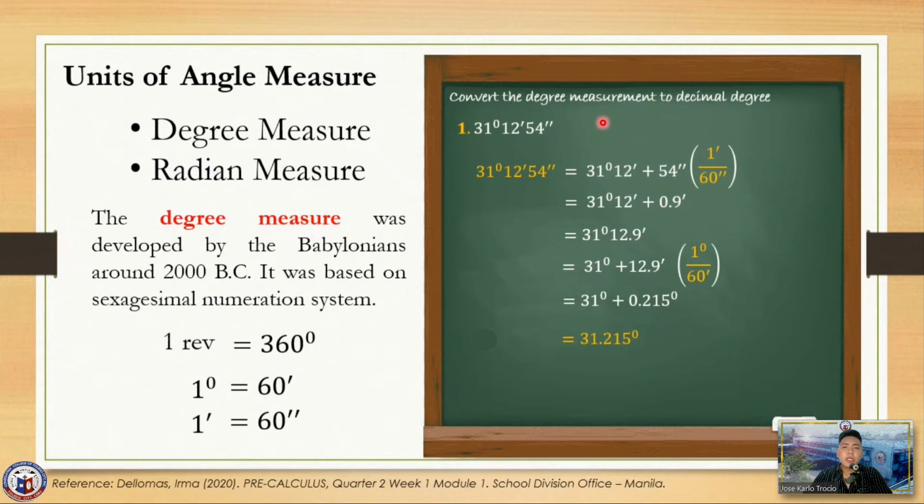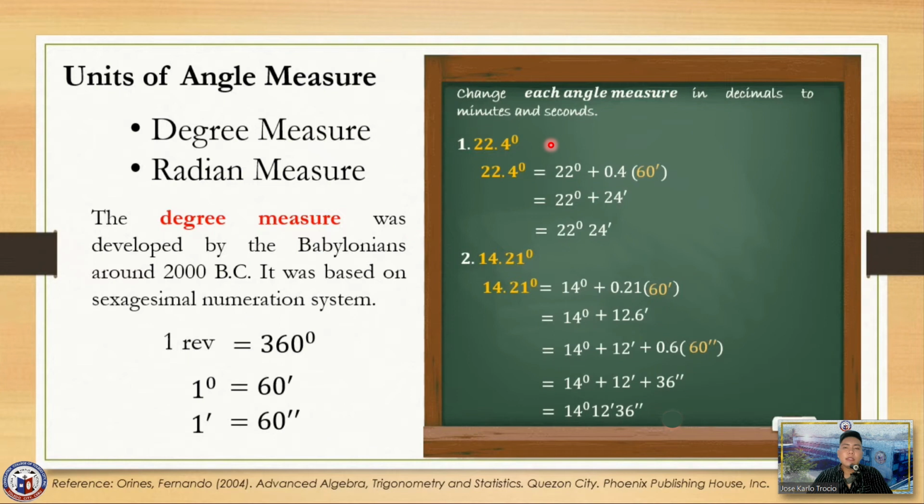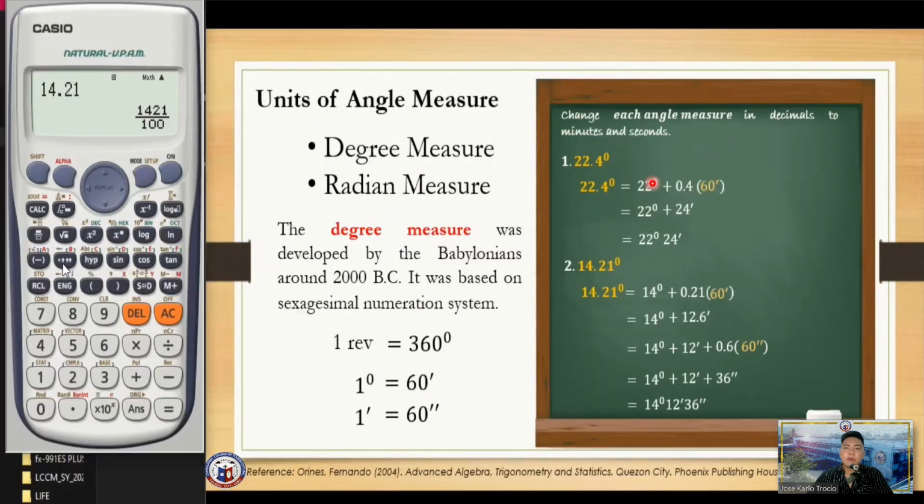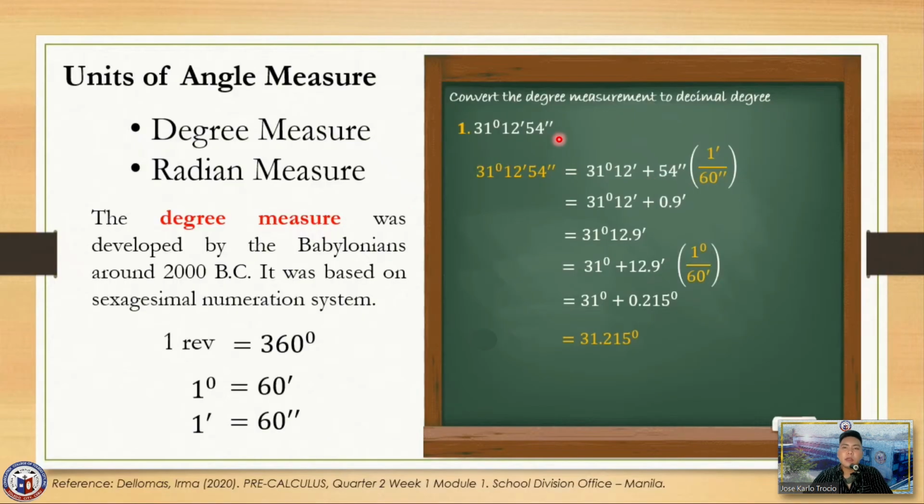How about if it is from radian measure already and you convert it back to degree measurement? Very easy, but we multiply by 60 in the previous case, and the reciprocal this time, just the reverse. So again the steps: since we have three terms here, the seconds, the minutes, and the degrees, we are expecting three parts, so you have to separate them again. 31 degrees, 12 minutes, 54 seconds.